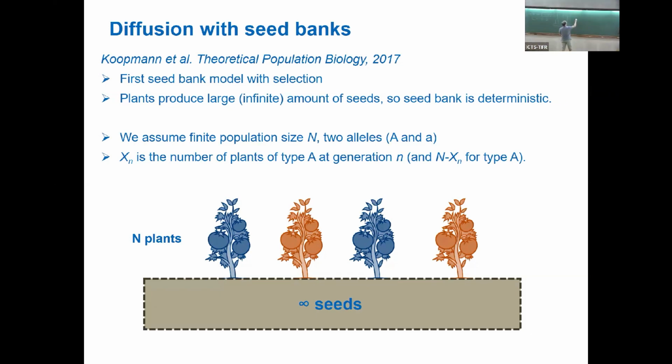So the idea is if we follow in time the frequency of an allele, let's say A, which I call little x, as a function of time. In the classic diffusion framework, you have a random effect, and this random effect is called a Brownian motion.